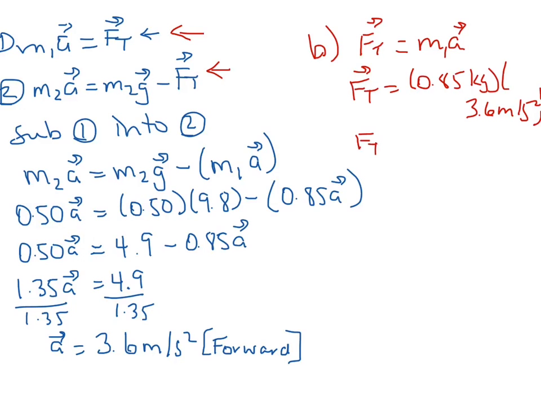Again, we're going to round to 2 sig figs, so we get 3.1 newtons. For the cart, it's forward. For the mass hanging down, it would be up. That would be our tension force. But generally, we're being asked to determine stuff for the cart, so we would say that it's 3.1 newtons forward.